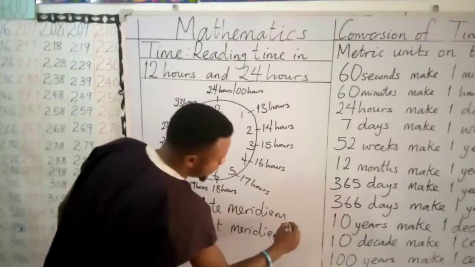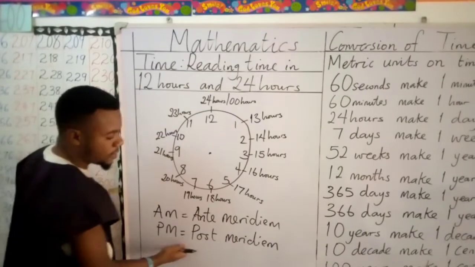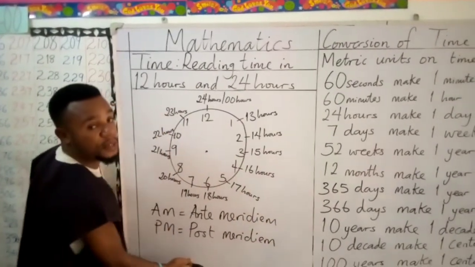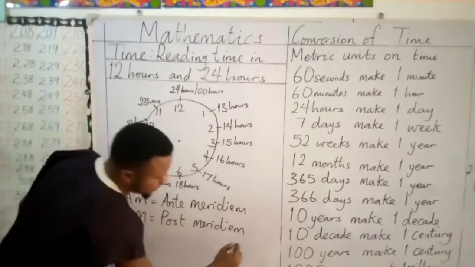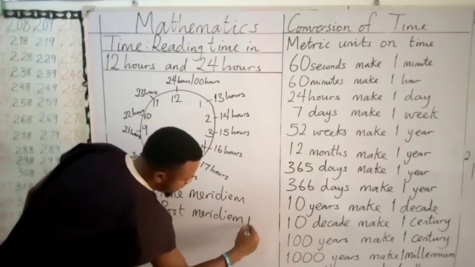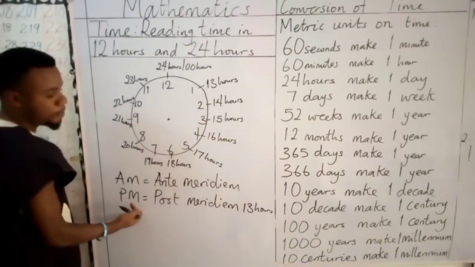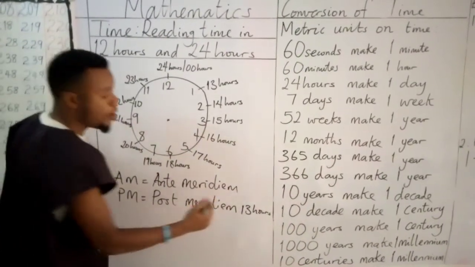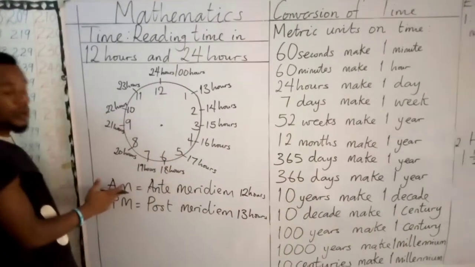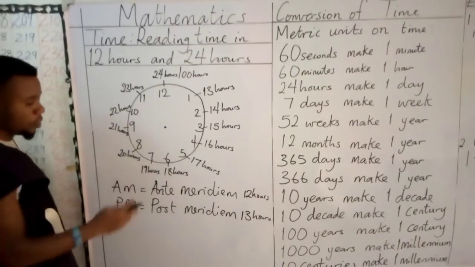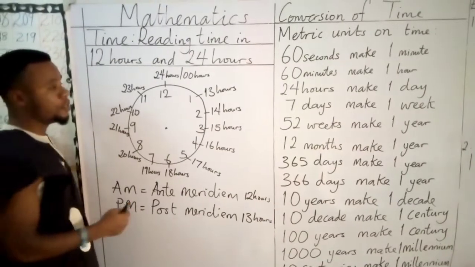This here is stating morning hours, and this here is stating afternoon and evening hours. So when your time exceeds 12, at 13 hours, it's already in PM. But when it's below 12 hours, we are still on AM.